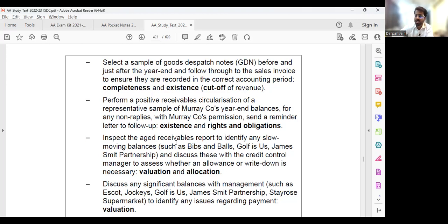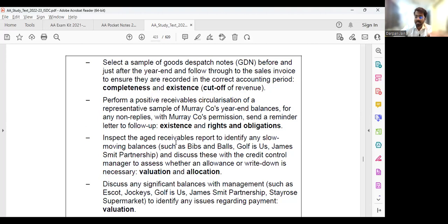So these circularization letters, you are going to basically see whether that circularization letter is received from the opposite party or not. Because if the circularization letters are not received, that means that particular person probably does not exist. That person might be fake.